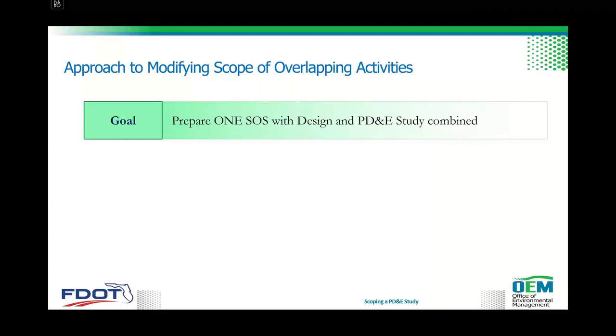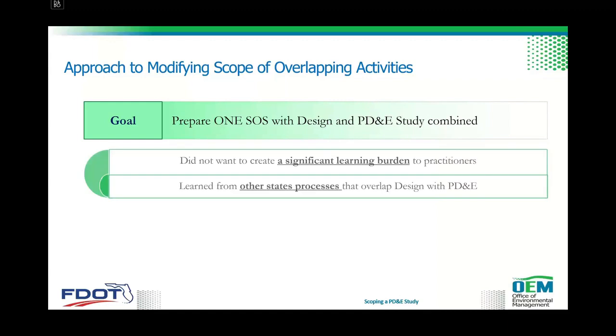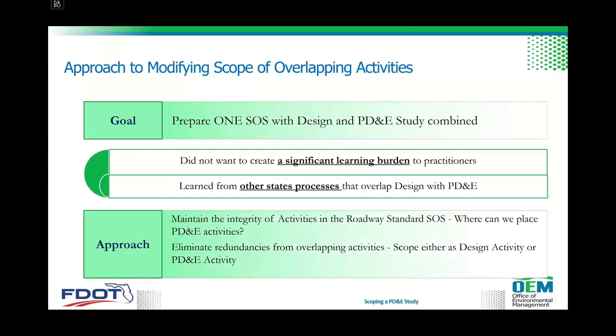So to modify a scope of overlapping activities, the goal is actually to prepare one scope of service with design and PD&E study combined. So the purpose is not to become a significant learning burden to practitioners, but the department actually learned from other state processes that also do the overlap of design with PD&E.